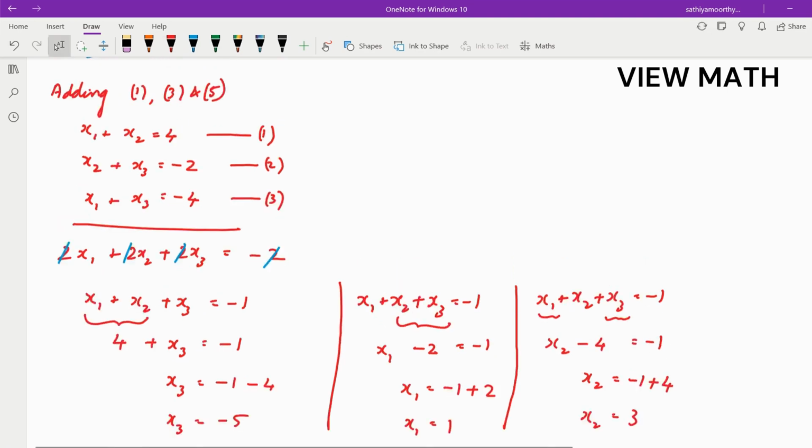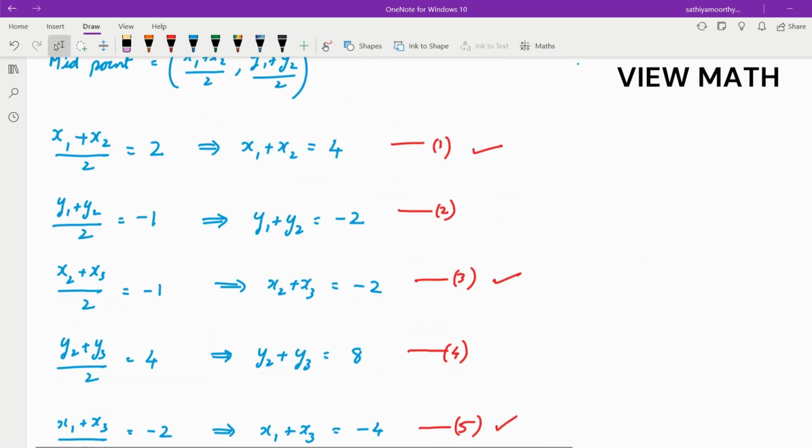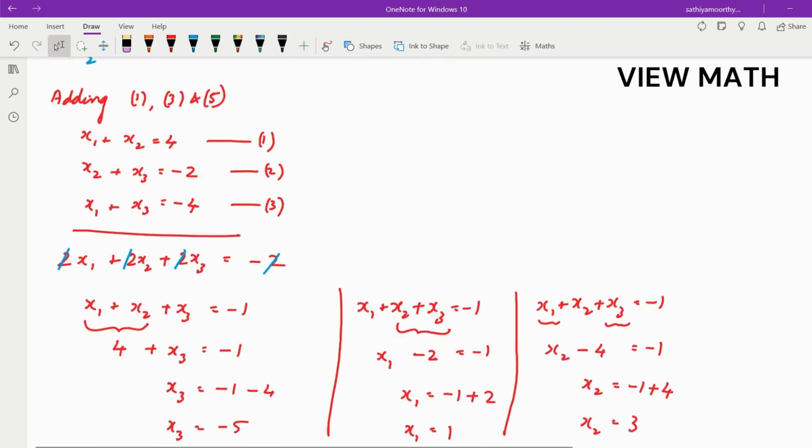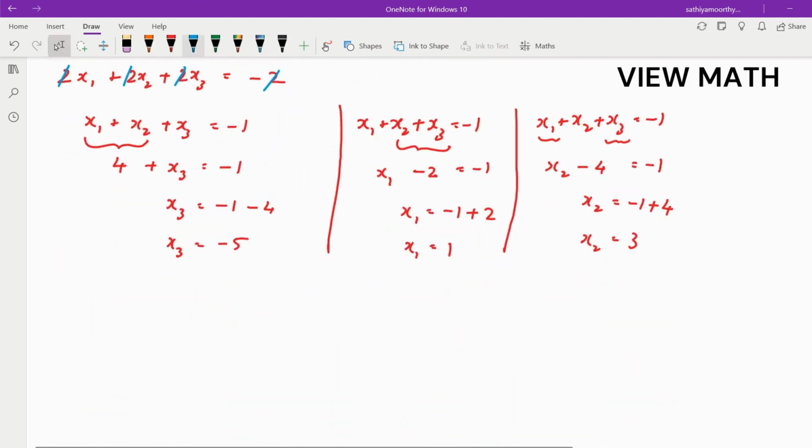Now similarly what I am going to do is I am going to add the second, fourth and sixth equation. Let me write the equations first. y1 plus y2 is equal to minus 2.